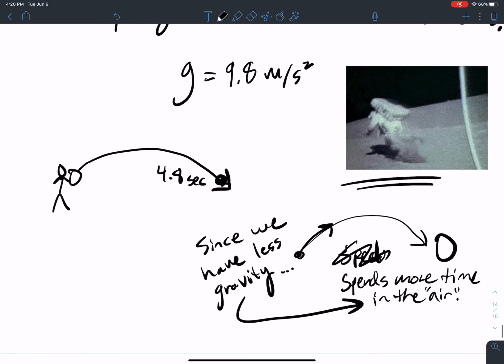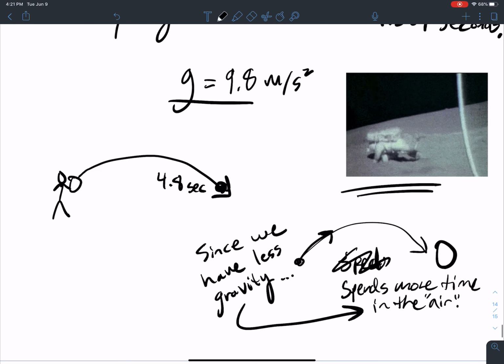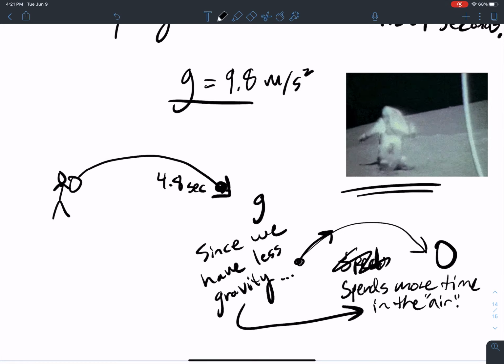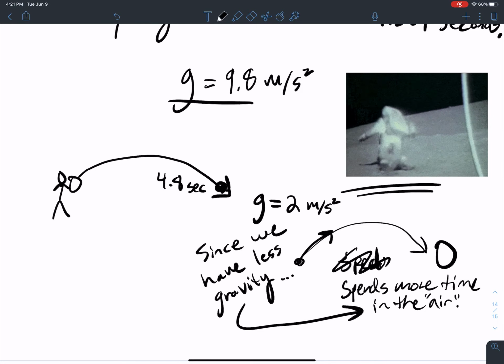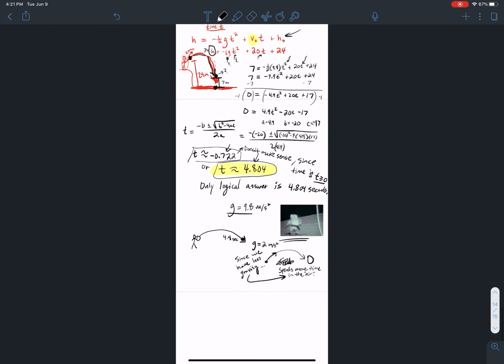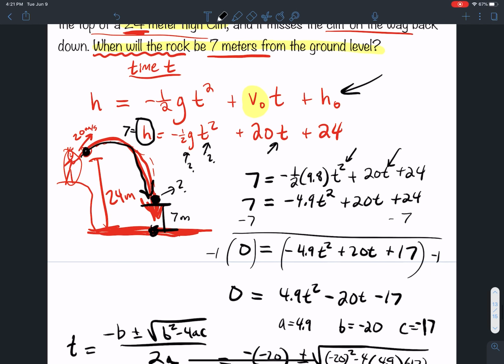So if you thought about it, if you change that G mathematically, maybe on another planet that G is like 2 meters per second squared, right? So what would that do to my equation mathematically? This would turn into a 2.